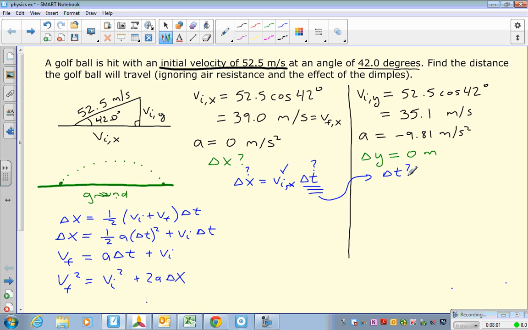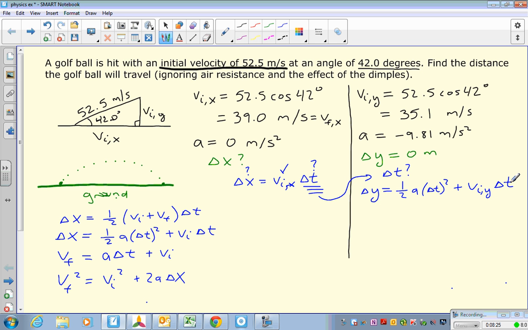So instead of writing delta x, I'm going to write delta y, because we're in the y direction, equals 1/2 acceleration delta t squared plus v initial, in the y direction, delta t. So now I'm going to plug in everything I know. And I usually like to write the equation first to keep my head straight about what I'm plugging in where.